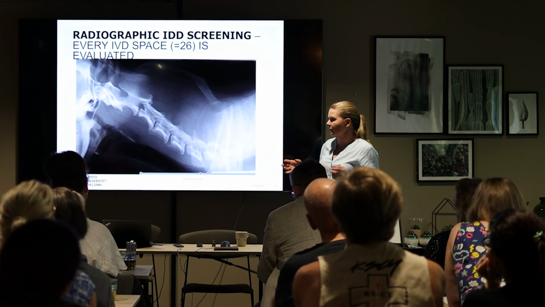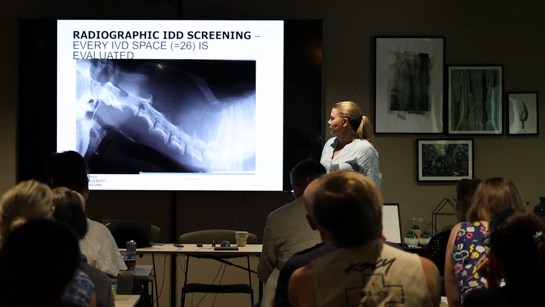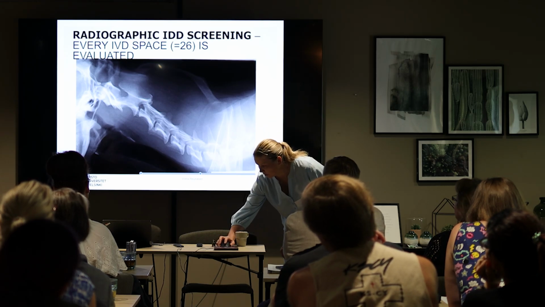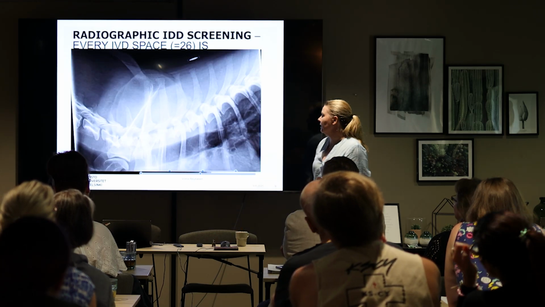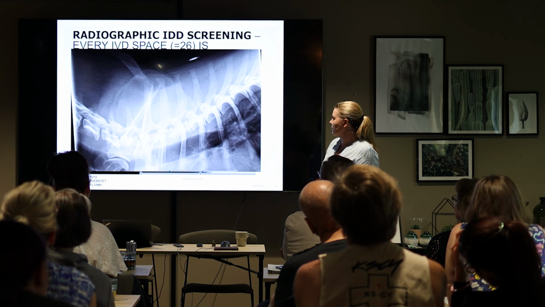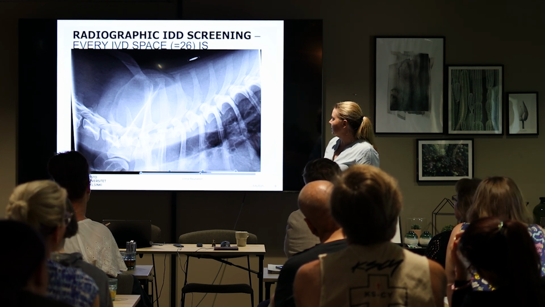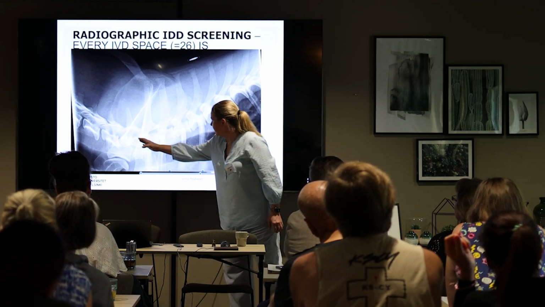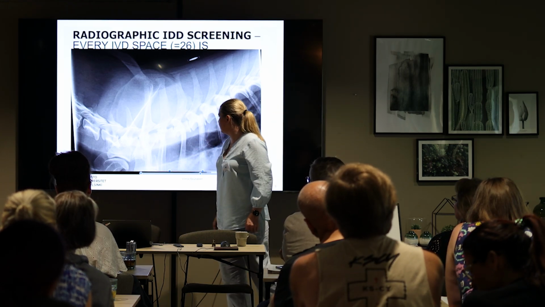We don't want them rotated so that we don't see these spaces. That's why we also need the space between the cervical and thoracic spine, these junction images, so that we can see as well as we can.